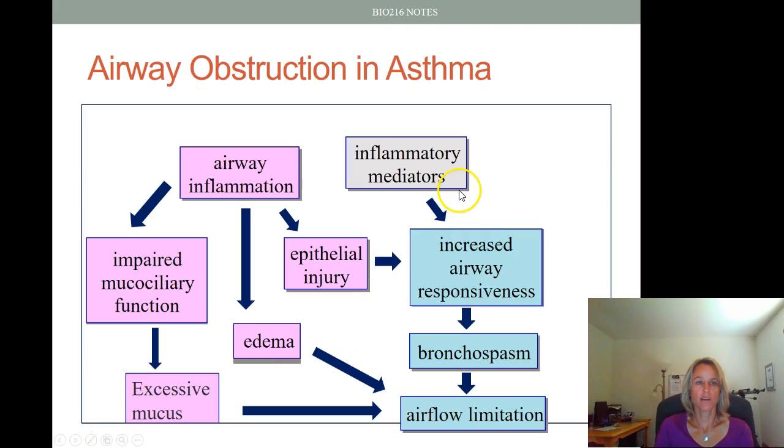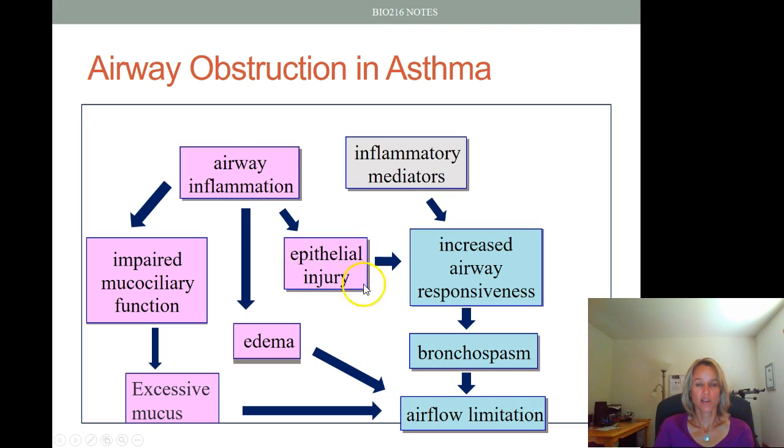Okay, this slide details what causes the airway obstruction in asthma. So we have airway inflammation, and that's going to lead to an impaired mucociliary function, and that's going to produce excessive mucus, which is going to block the airways and lead to an airway limitation. That airway inflammation, we also have edema associated with that, and that edema is going to limit airflow.